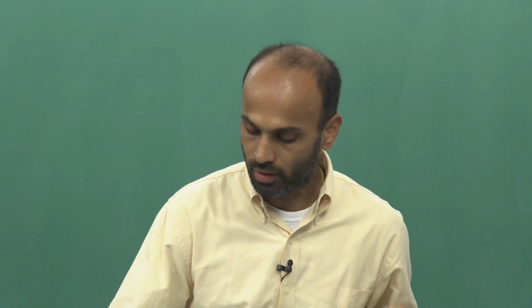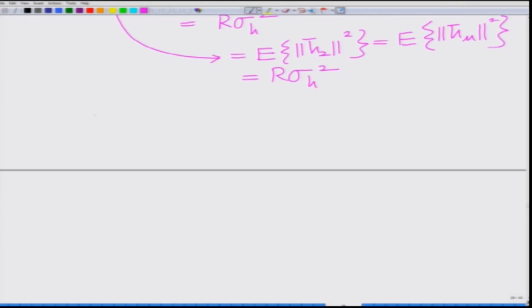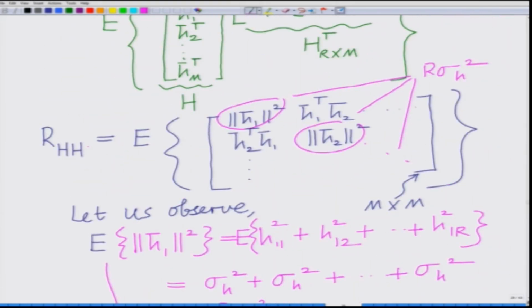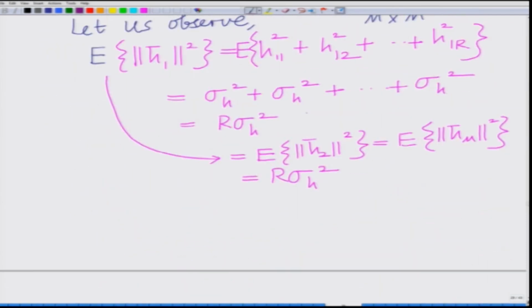Now let us look at the off diagonal entries. Off diagonal means off the principal diagonal. If you look at this matrix, this is the principal diagonal, and the rest of the entries are the off diagonal entries.